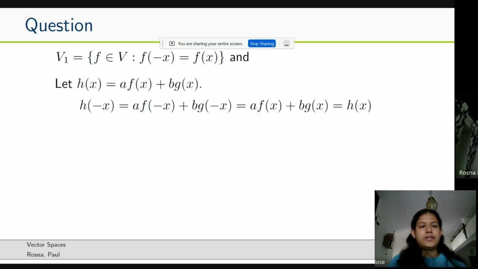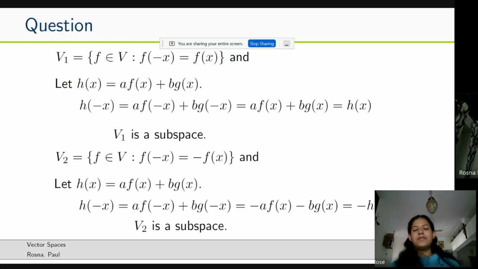You just look at what h of minus x is, which is nothing but a f of minus x plus b g of minus x, and f of minus x we know is f of x, and g of x, and this is nothing but h of x. So here you will get h of minus x is the same as h of x. So this h of x belongs to V1, so V1 is a subspace.